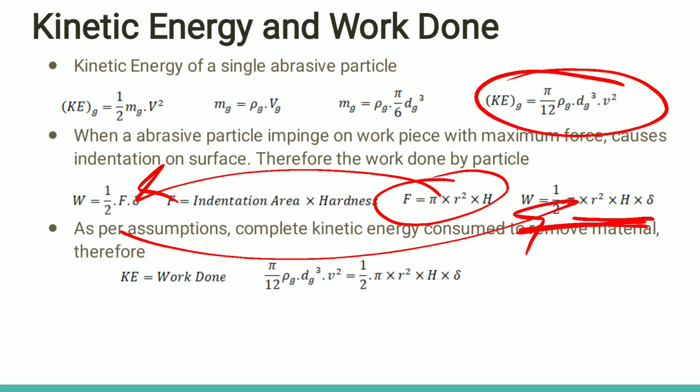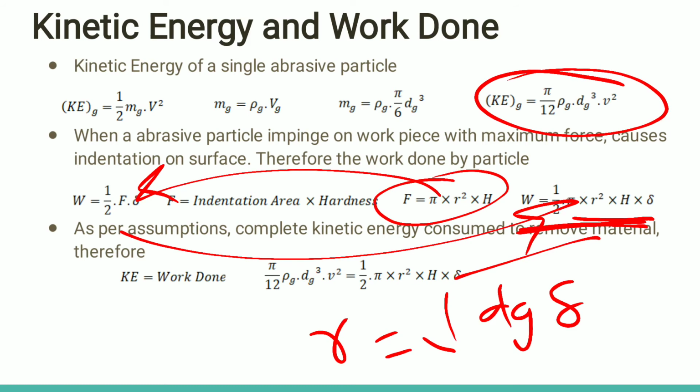Now, in the last video we calculated this r value, that is r equals root of dg into delta. So I am putting this r square value, which will be equal to dg into delta.